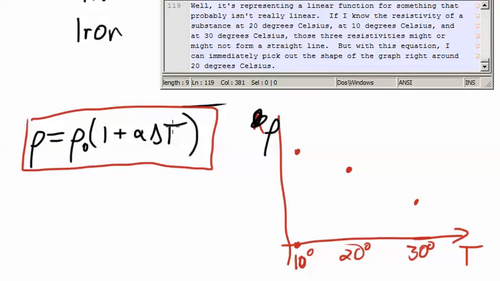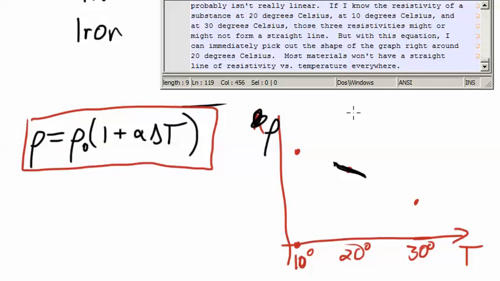But with this equation, I can immediately pick out the shape of the graph right around 20 degrees Celsius. Most materials won't have a straight line of temperature versus resistivity everywhere.